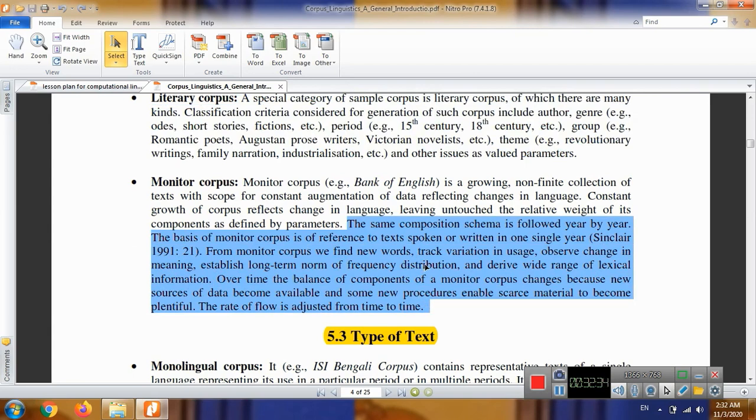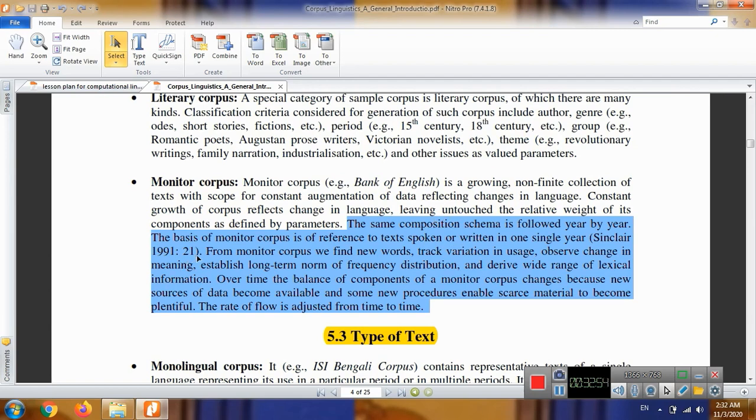The same composition schema is followed year by year. As I told you, this kind of schema should be followed year by year.